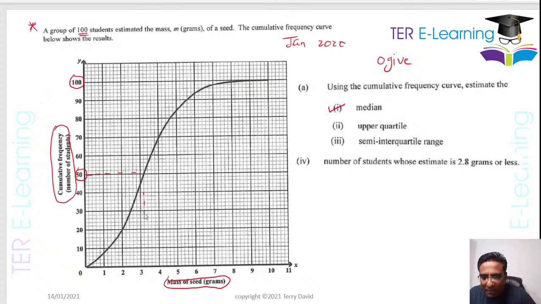Reading this properly, that is about 3.2. So my median is actually 3.2 grams.